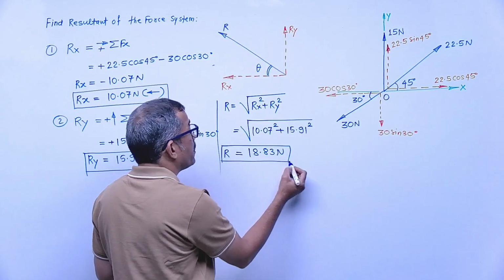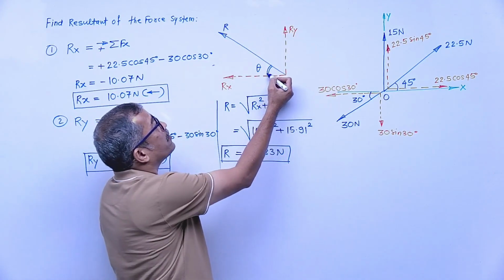How will we find the inclination of the resultant? Inclination means tan of this angle.